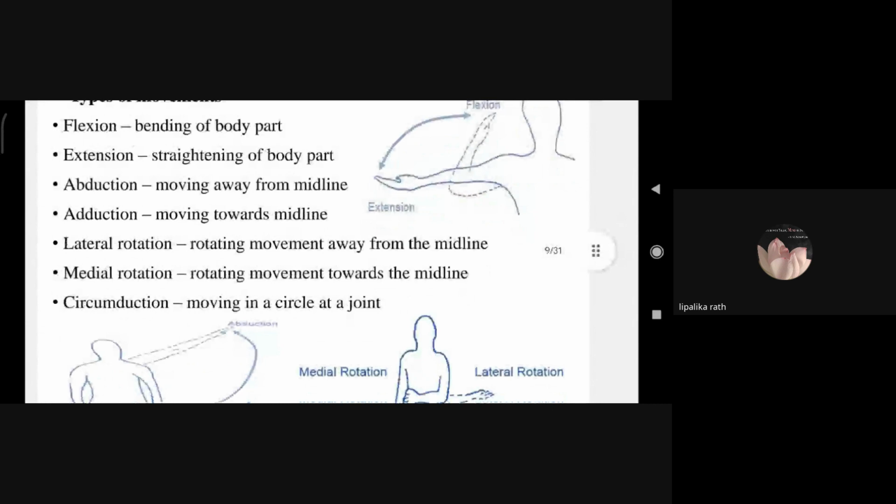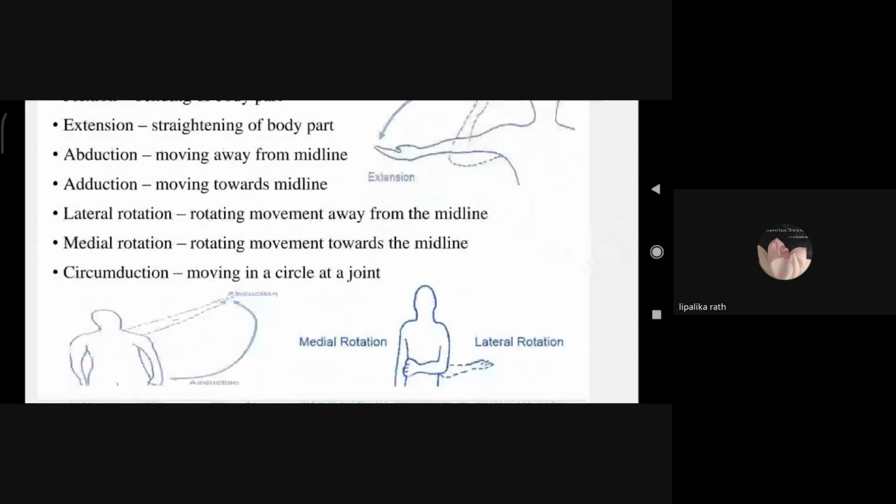Now, next is abduction. Abduction is moving away from the midline. Adduction is moving towards the midline. We have already discussed the concept of midline. I hope these terminologies are also clear.